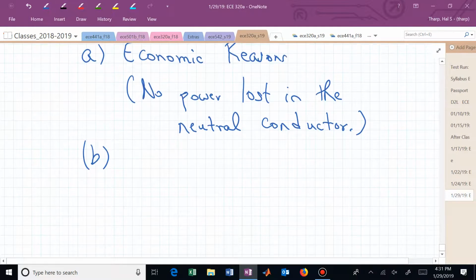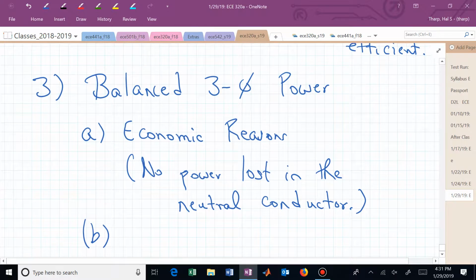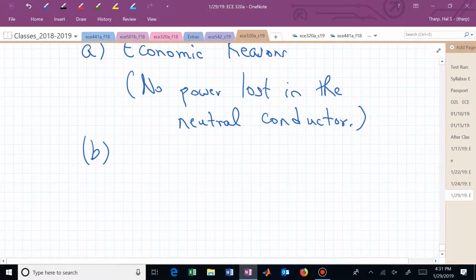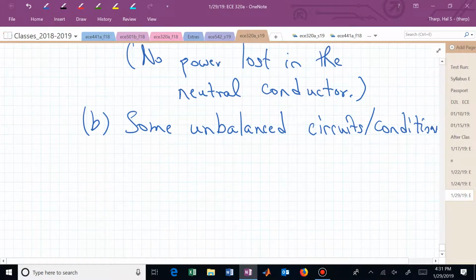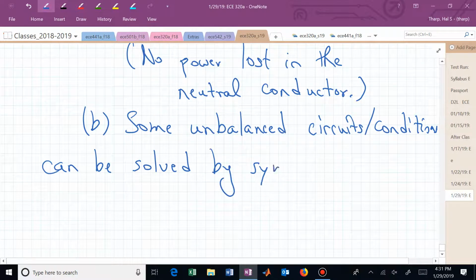And one more item under balanced three-phase power: if we went further in the power area, some unbalanced circuits or conditions can be solved by a concept called symmetrical components.